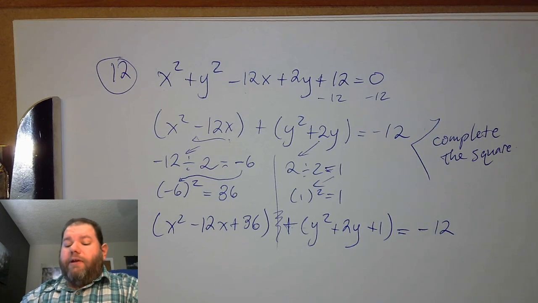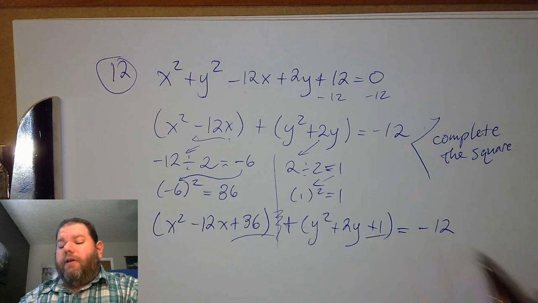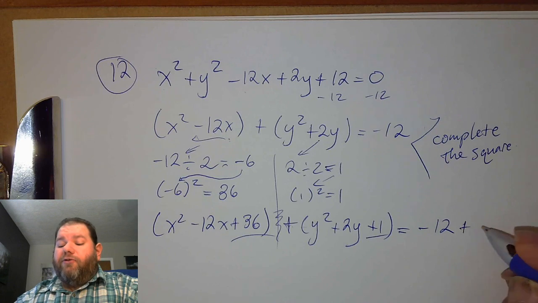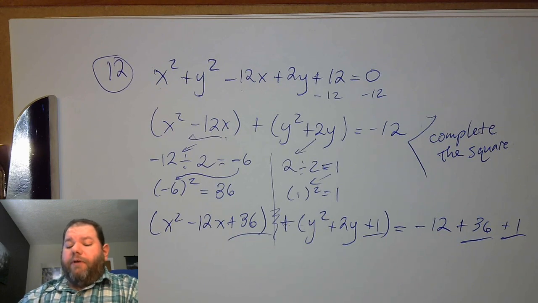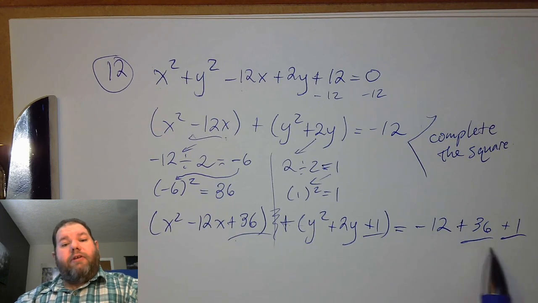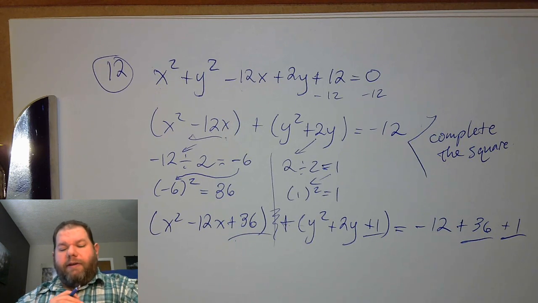Now over on the right hand side, because we've added 2 numbers to the left hand side, 36 and a 1, we want to make sure we add those same 2 numbers to the right hand side. And the reason we do that is if we add something to one side, we have to add to the other to keep the equation balanced. Because we want it to remain equal, and that's what we have to do in order to maintain that equality.